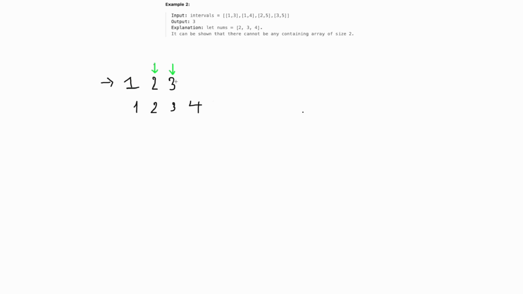Because if we choose the number at the end of the interval, it gives us more chance to have an intersection not only with the next interval but also with intervals in the future. And because we sorted our intervals, if we continue to consider other intervals from left to right, then if we choose the number at the end of the current interval, it is more likely to intersect with the other intervals' numbers, right?